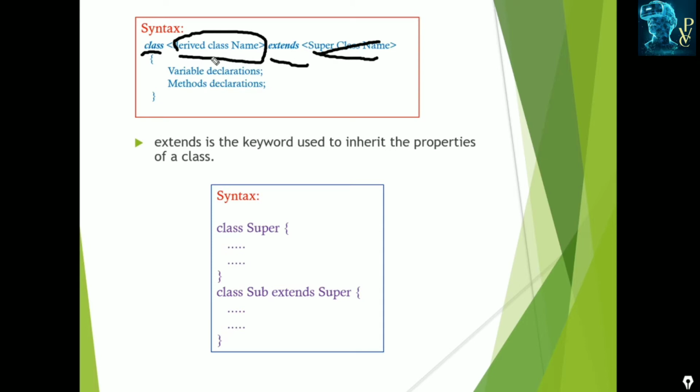So the old class properties and members are extended to the new class, and the new class can share or access the members of the superclass, as well as have its own variables and its own methods. So the extends keyword is used to inherit the properties of the class.